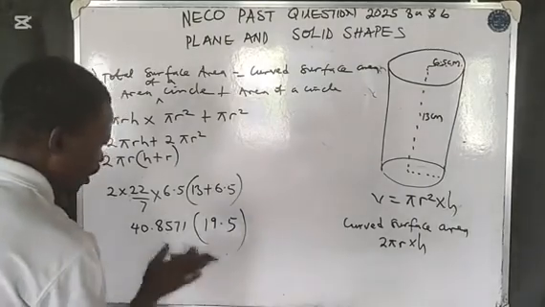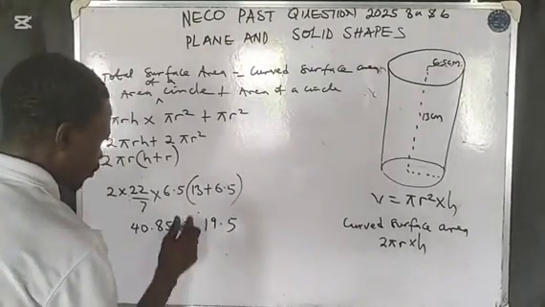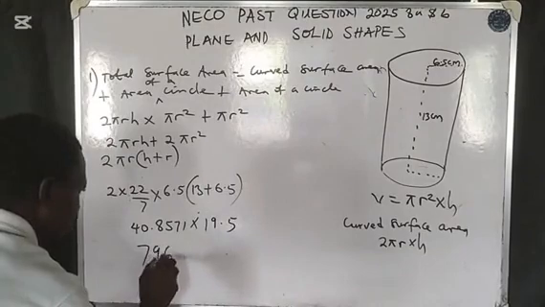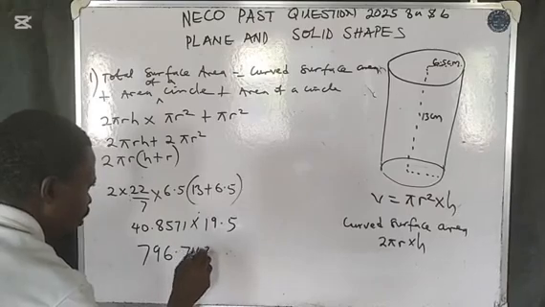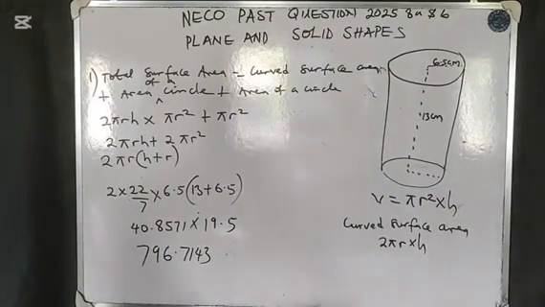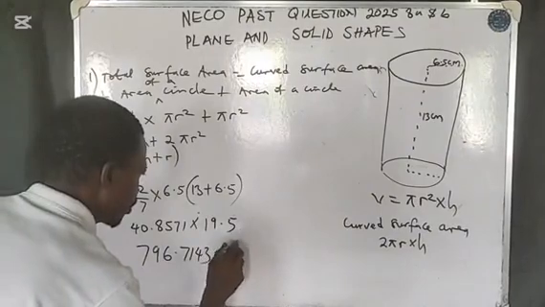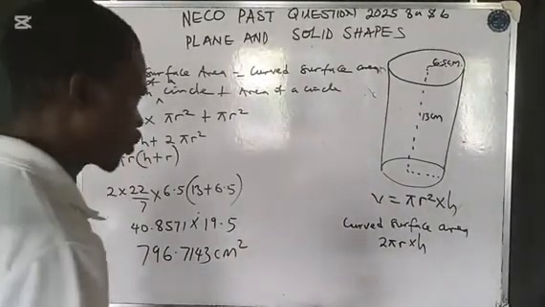Meaning it's going to be times. That gives 796.7143. This should be the total surface area answer. Can we move to the next one?